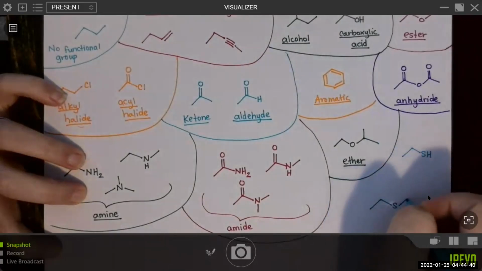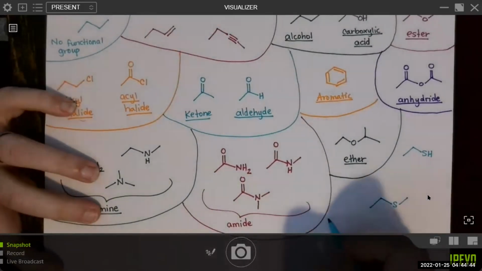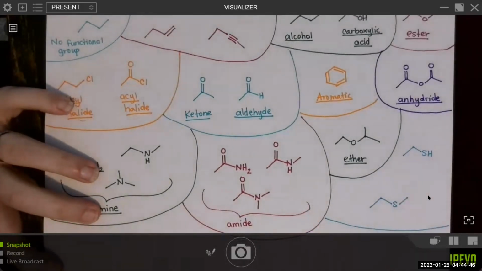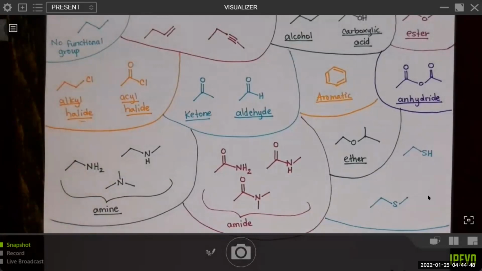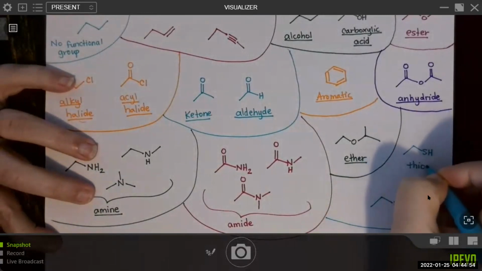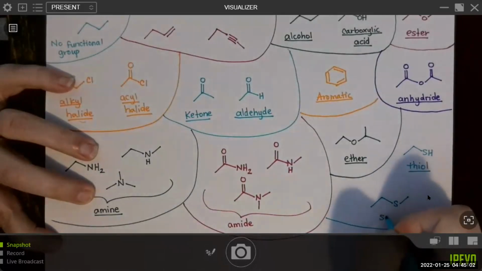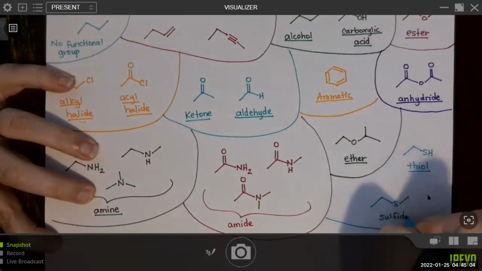Or a sulfur in between 2 carbons, right? Those are the last 2 possibilities. Sulfur is kind of like oxygen. It's right below oxygen on the periodic table, so it reacts similarly. So anyway, this one is called a thiol, kind of like an alcohol. Helps you remember it. They both have the "ol." And then this one is called a sulfide.